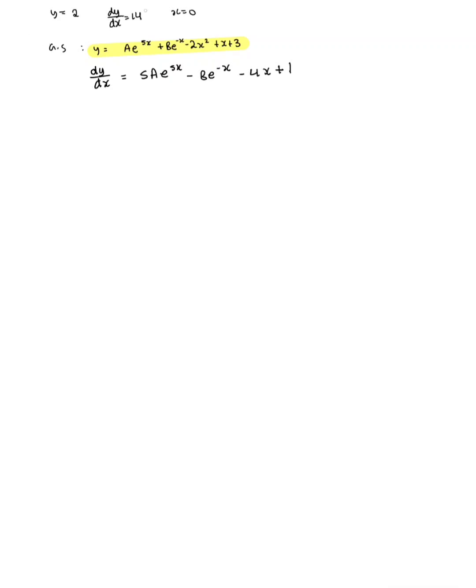And now we want to substitute our initial conditions here. So I'll have equation 1 and equation 2. So equation 1 will have y equals 2 equals A times e to the 0 plus B times e to the power of 0 as well, minus 2 times 0 squared plus 0 plus 3.